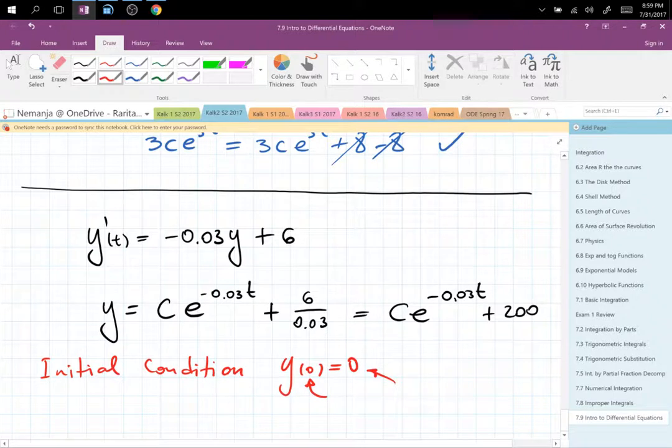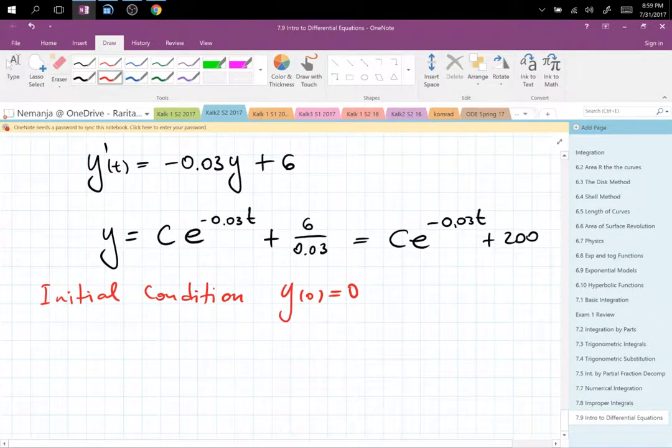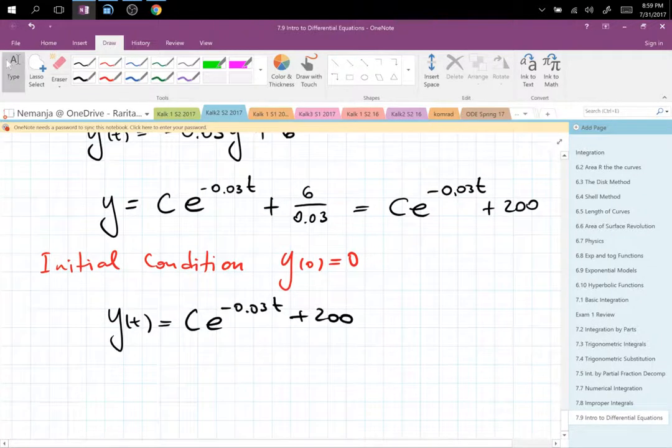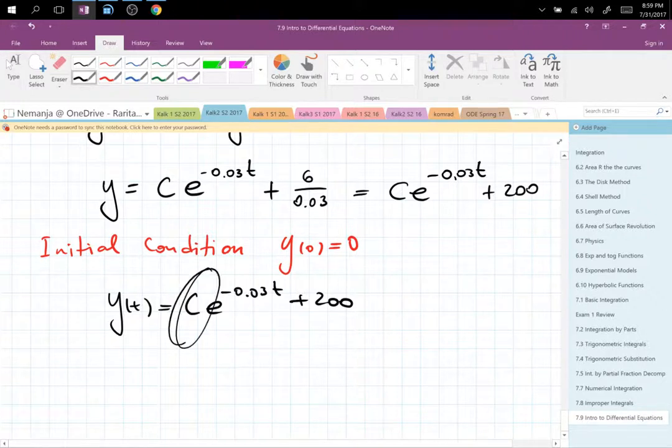Right? So I can use that with my equation. I'll write the equation one more time to determine C.